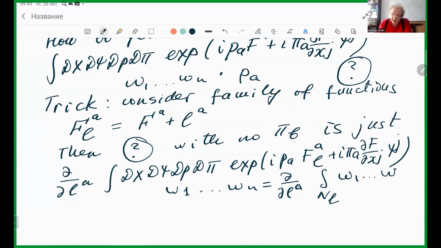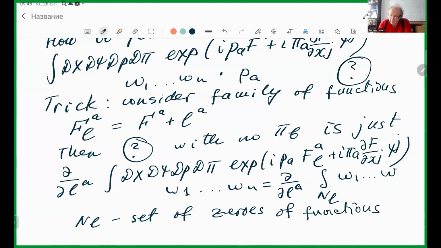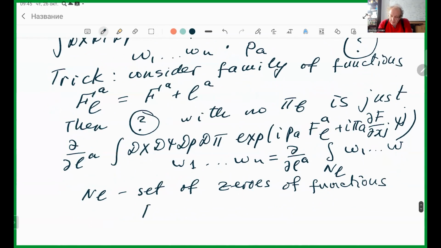So in order to get PA, I need to go to the set of zeros of functions F, A, L.